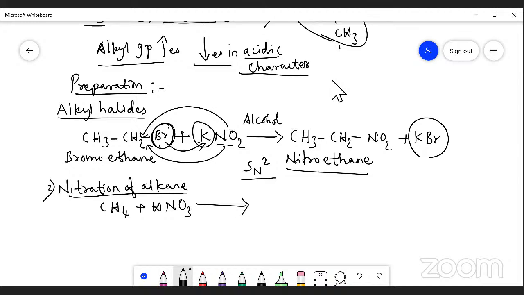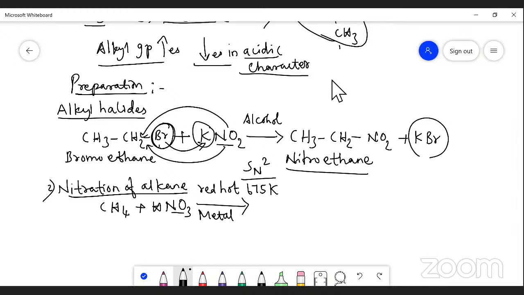The vapors pass through the metal tube in a red hot condition at 675 Kelvin.